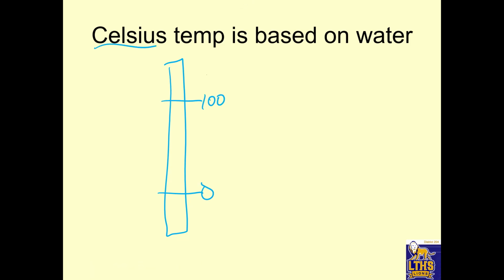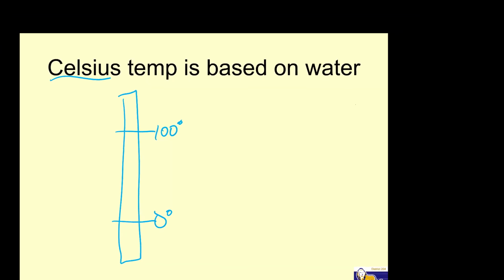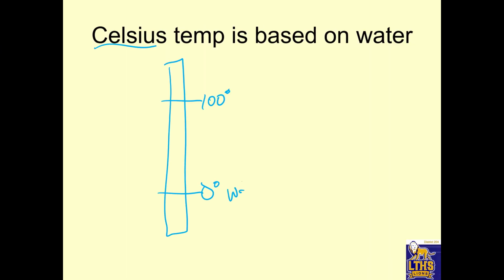So Celsius said, my 0 is where water freezes, and 100 is where water boils. And then all he did was, well then there's 50. There's 25. By the way, 25 is room temperature.